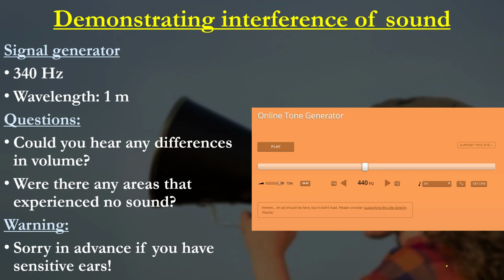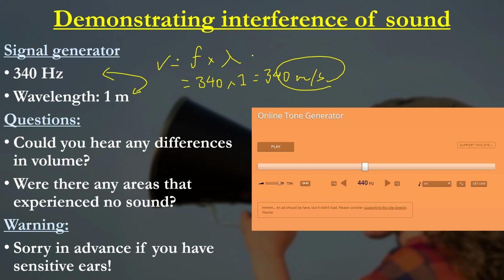And the predicted wavelength is 1 meter. So the velocity is frequency times wavelength, 340 times 1 meter, which means that the wave we're looking at should be traveling at about 340 meters per second.